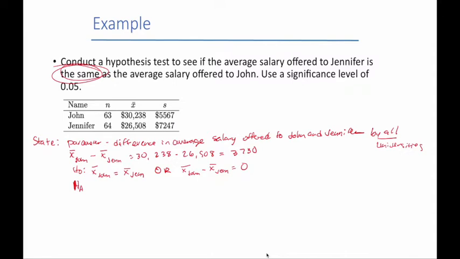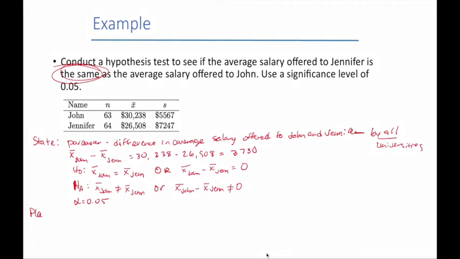We're looking for a difference, but it doesn't say which direction. So it's going to be a two-tailed test. x bar John does not equal x bar Jen. Or x bar John minus x bar Jen does not equal 0. And our alpha equals 0.05.